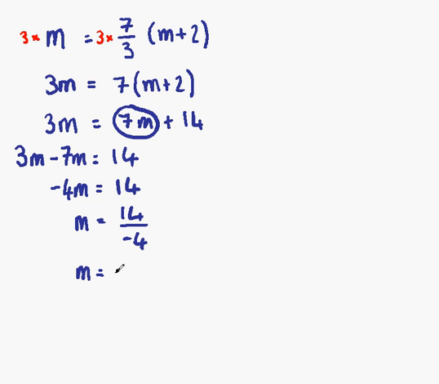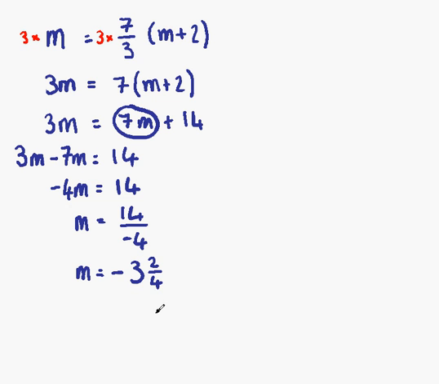Positive divided by negative is going to give us a negative answer. Then we have 14 divided by 4. How many times does 4 go into 14? So the answer is 3 times. 3 4s make 12, which leaves us with 2 quarters. So m equals minus 3 and 2 quarters.